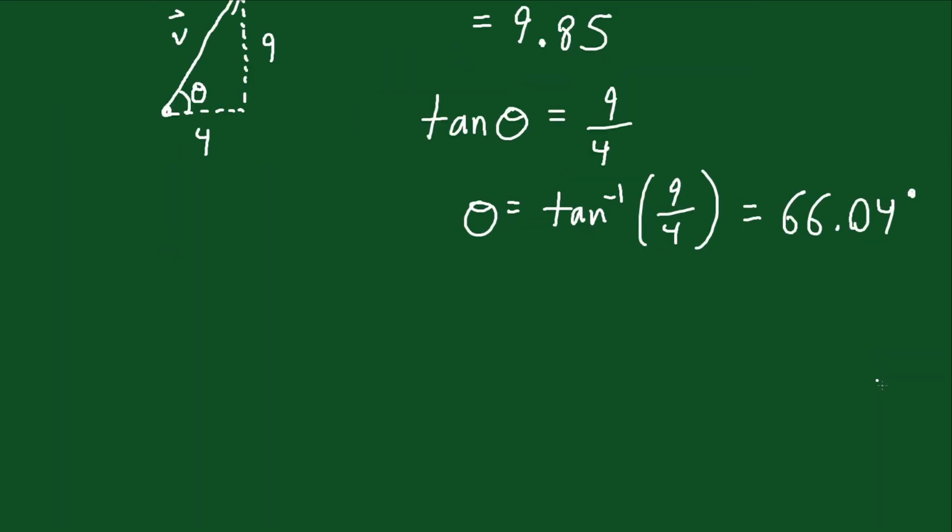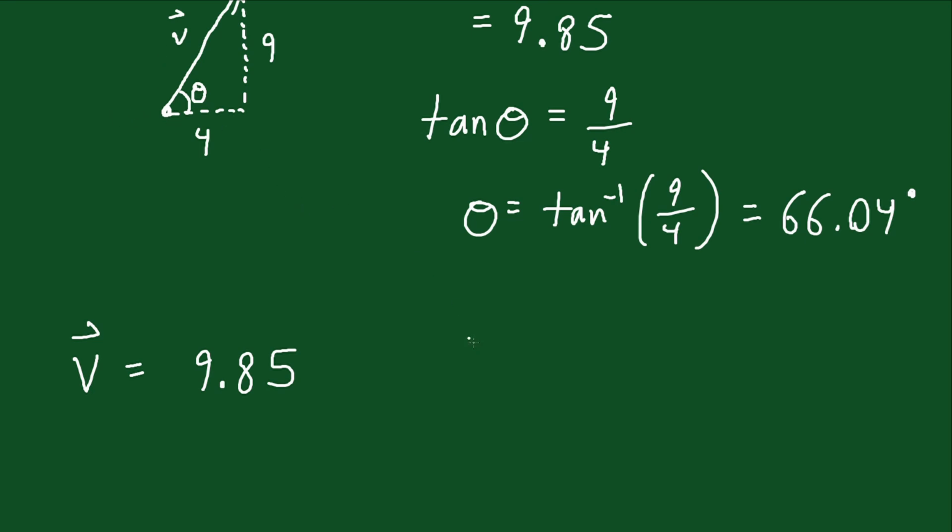So how do I write my final answer? Well, we can say that the vector v is equal to 9.85. We don't know what the units are, so we can just say 9.85. And then we have this angle, the 66.04 degrees. We also don't know what our directions are. We don't know if this is like a bird's eye view, so we can't be using north, south, east, west.